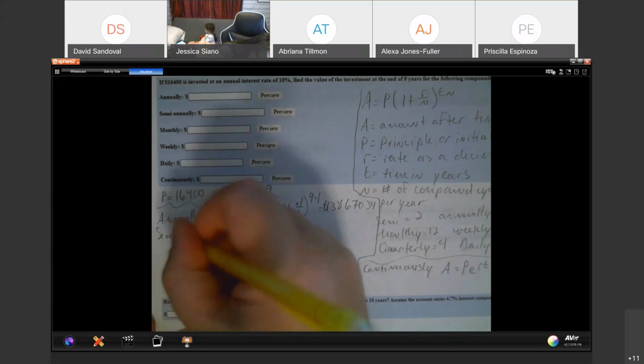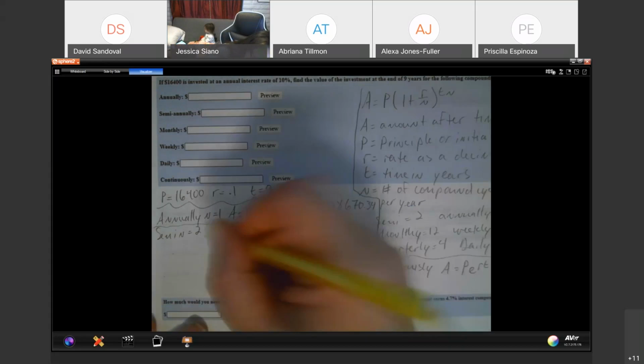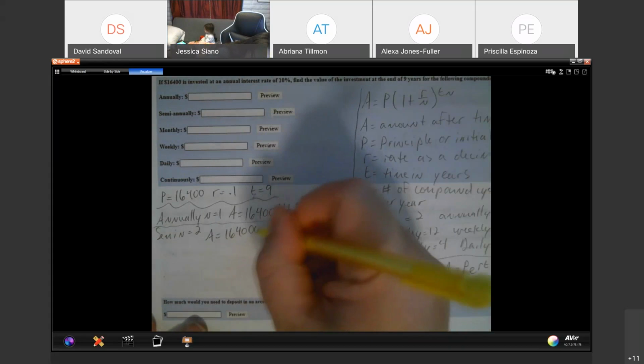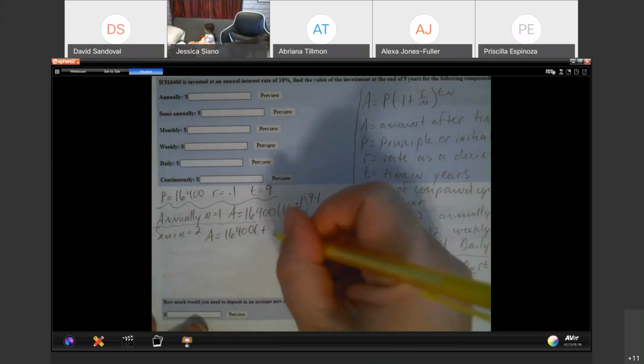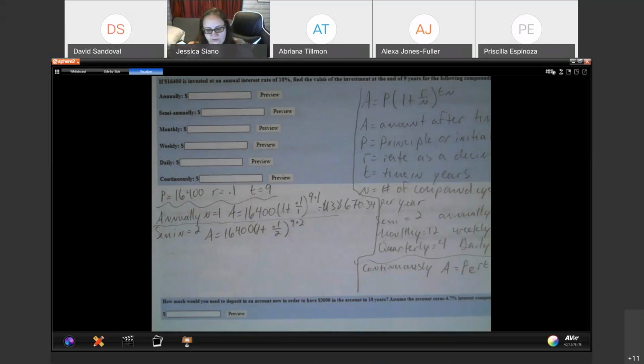So then semi-annually, n is 2. So now A equals 16,400 times (1 plus 0.1 over 2) to the 9 times 2.